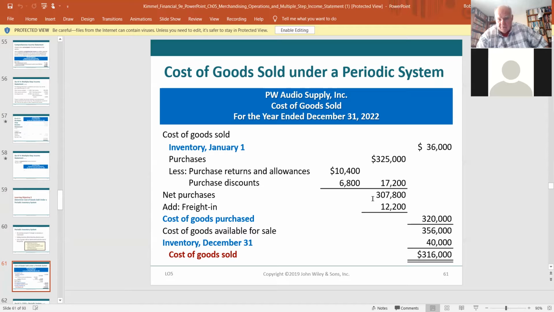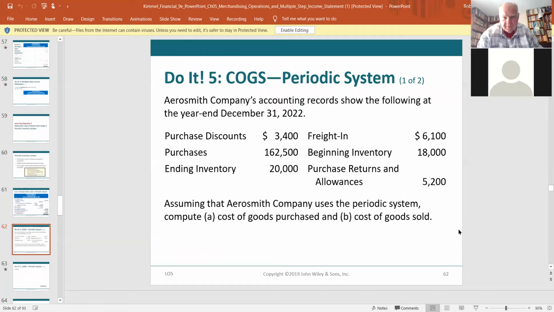That's part of our cost. We add the purchases and the freight to get the total cost of goods purchased. Cost of goods purchased plus the beginning inventory gives us the available. They're telling us that the ending inventory included $40,000. That gives us $316 as the cost of goods sold.